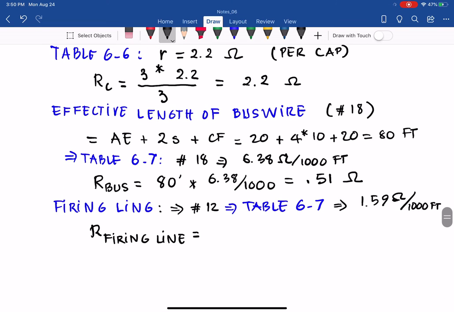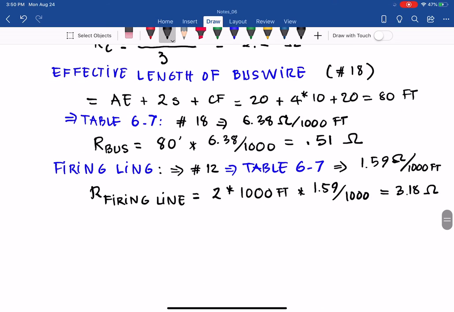So we have that equal to 2 times 1,000 feet times 1.59 divided by 1,000 feet. From that we get 3.18 ohm.